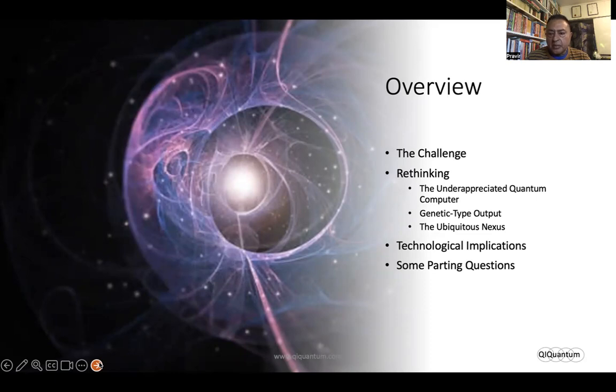So I'll begin with this idea of the underappreciated quantum computer, speak about some of the output of this quantum computer, which is genetic type output, and then delve on the concept of the ubiquitous nexus before transitioning to some technological implications, and then I'll end with some parting questions.